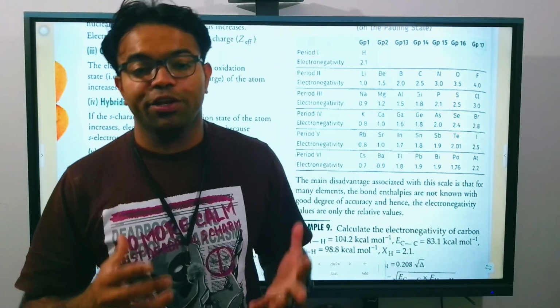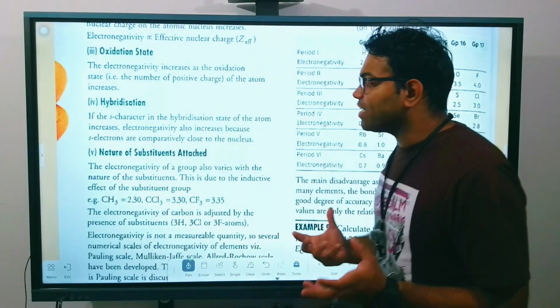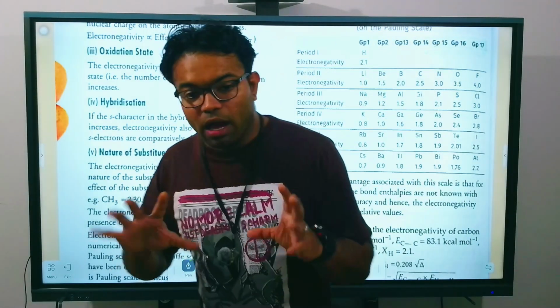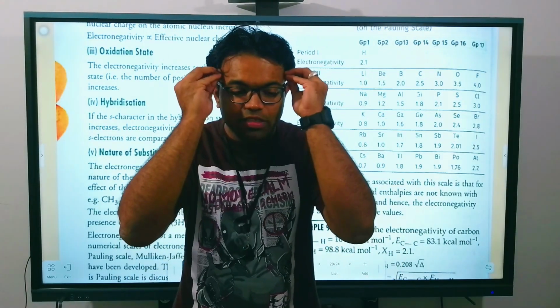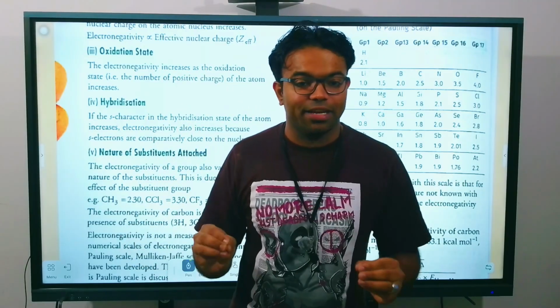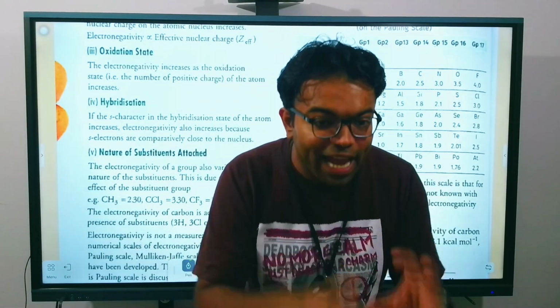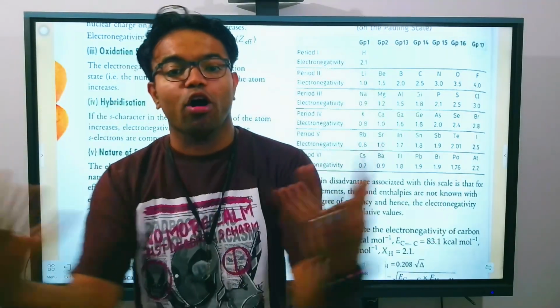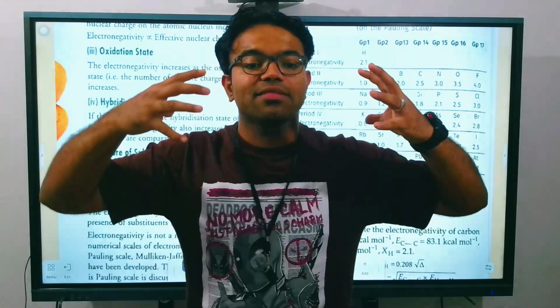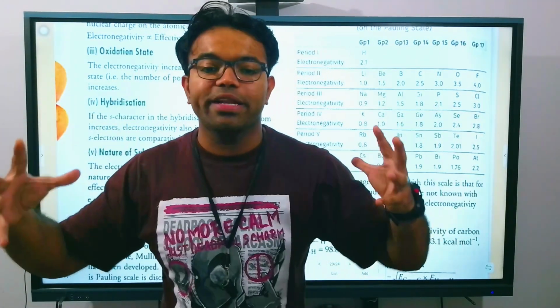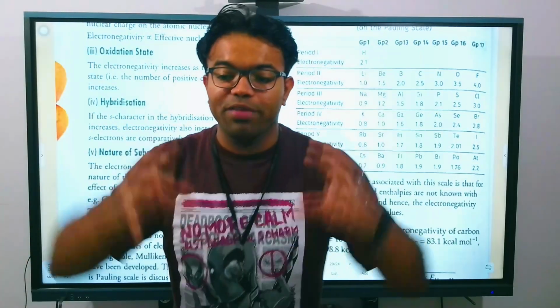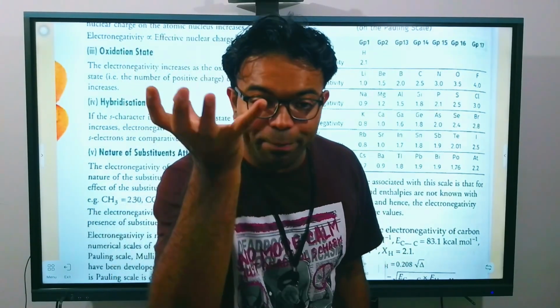For now, all you need to remember is the s character. The s character is the s orbital's character in the hybrid orbitals. A hybrid orbital is a mixture of multiple orbitals coming together, overlapping with each other to form a hybrid.